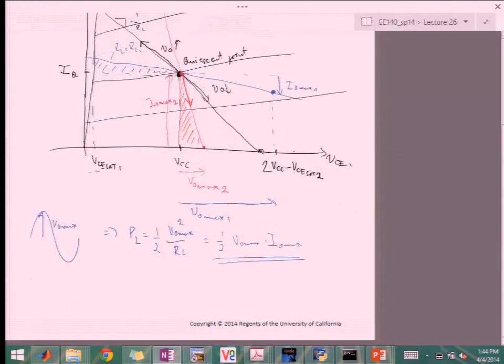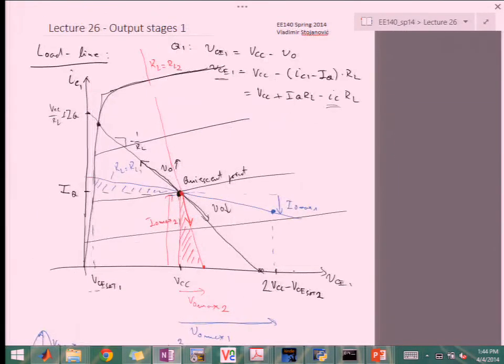If I want to do the maximum one, where do I need to put my load curve? If I want to maximize this triangle area. Remember, by taking the curve and sort of rotating it around the pivot point, which is the quiescent point, I'm moving the slope, right?